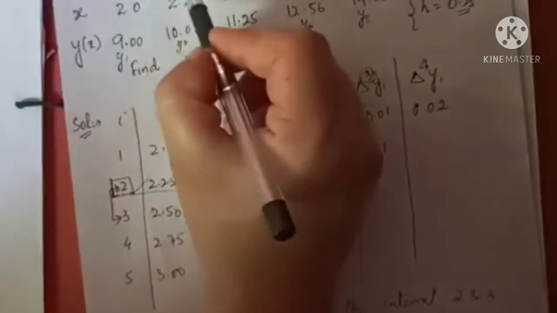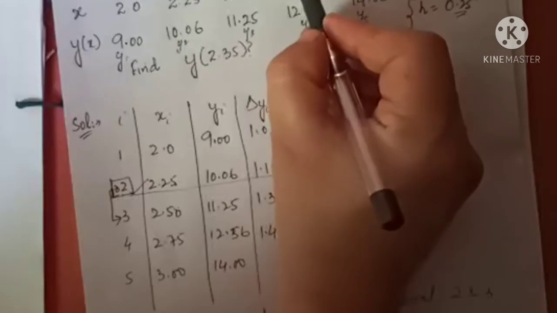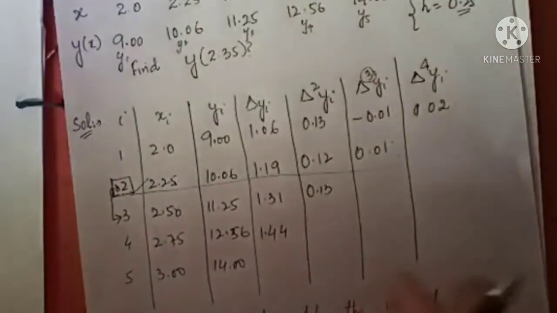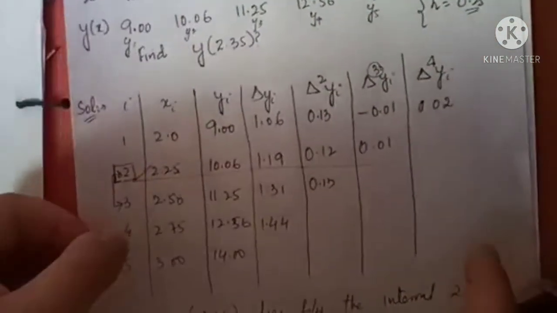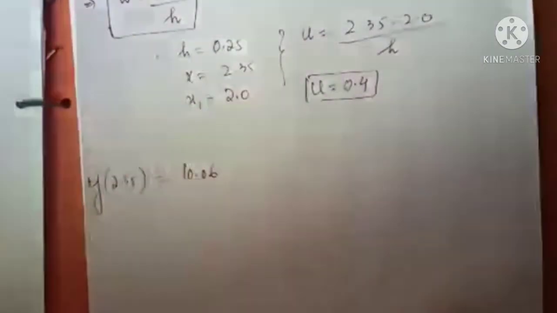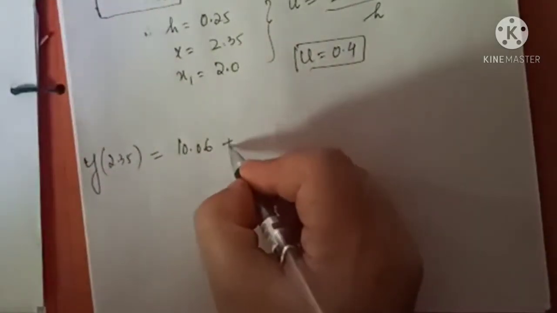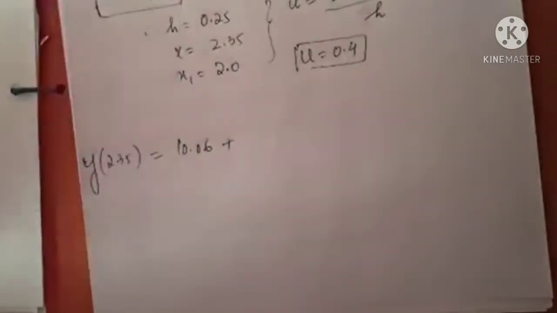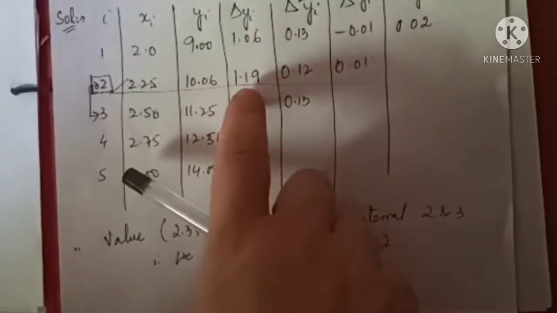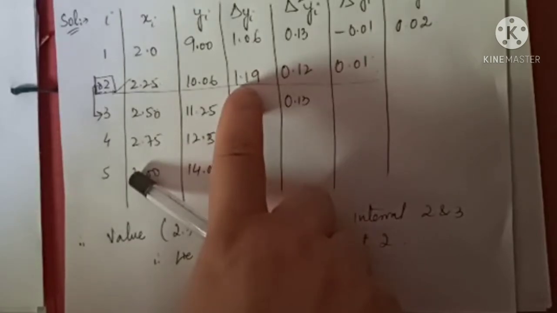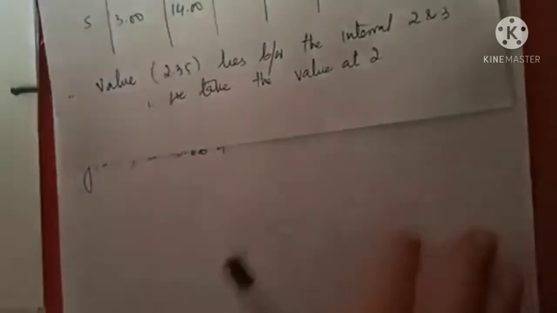This is x1, this is x2, this is x3, this is x4 and this is x5, right? Plus delta y2. Delta y2 is 1.19, which we just calculated. So we will simply substitute the values.